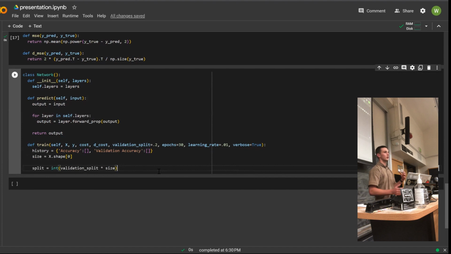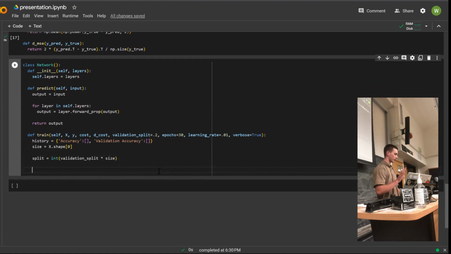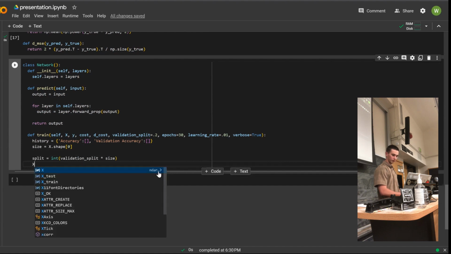Generally in machine learning, 80-20 is a pretty good validation split proportion. Some people do like 2/3 and 1/3. Some people do 50-50. It always depends. There's no good, always do this in machine learning. It always depends on your actual problem, but 80-20 is usually a good place to start. Okay, now I'm going to do the split.